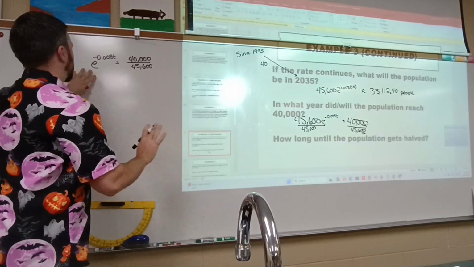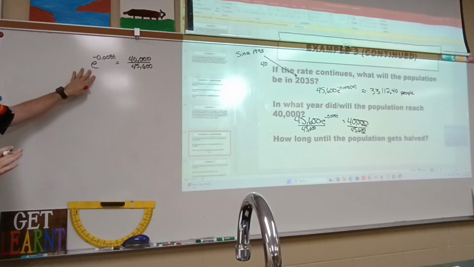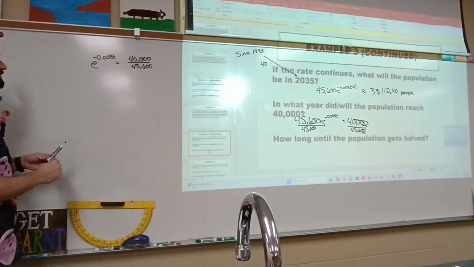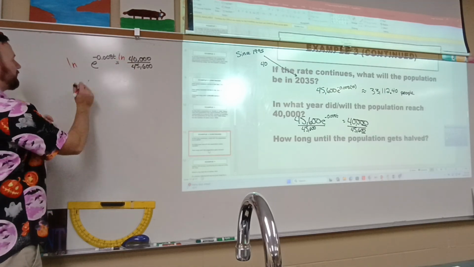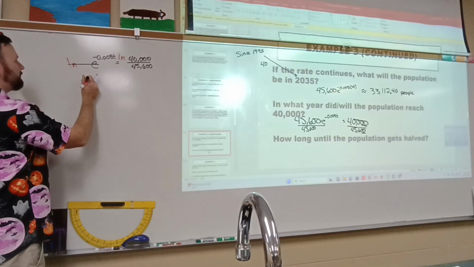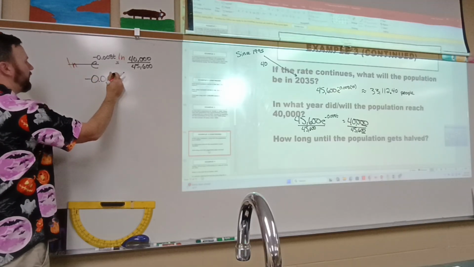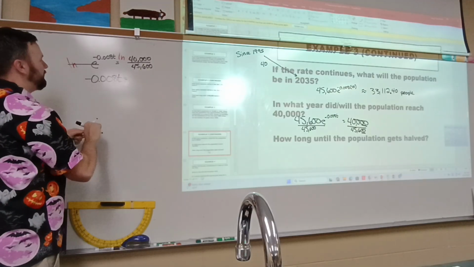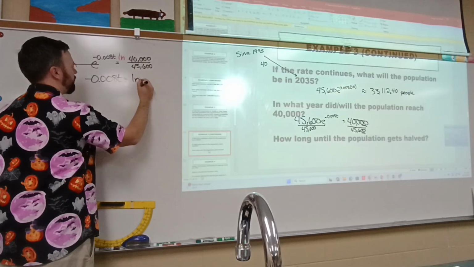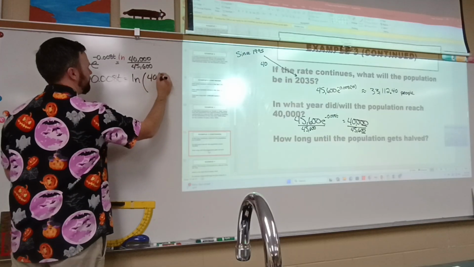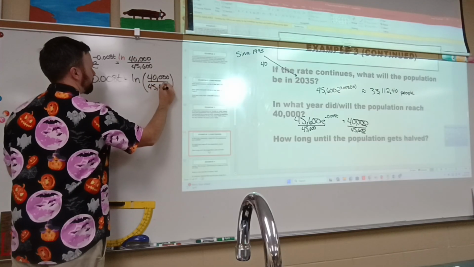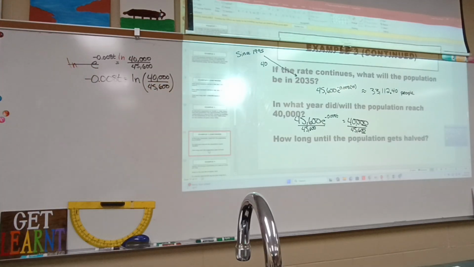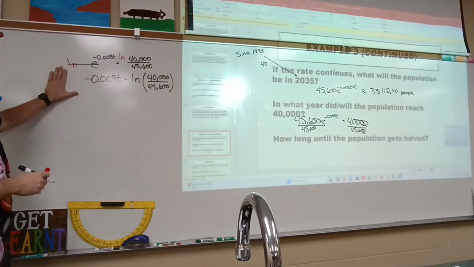We have an e, right? How do I get rid of e's? What do I do to both sides? Natural log. So if I natural log this, these cancel, and I get negative 0.008t equals natural log of whatever this is. Stop me with questions on that.